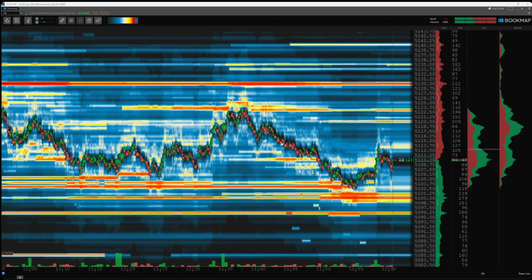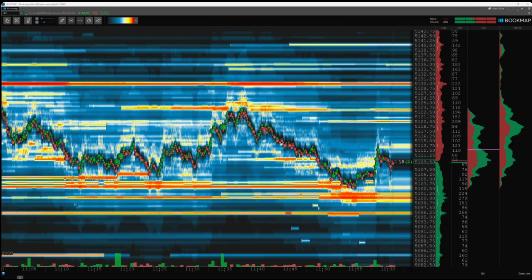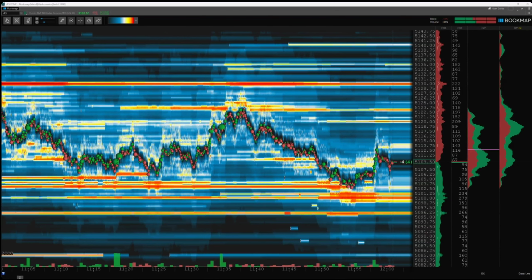Essentially right now in gamma reading, it's not of importance, not with the other higher zones, and because we're in a negative gamma state, this should continue the bearish momentum until the gamma flips, right?